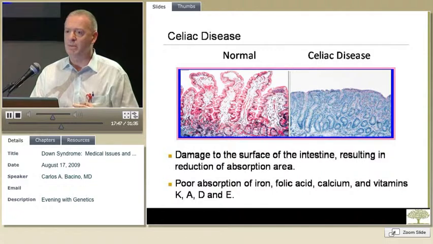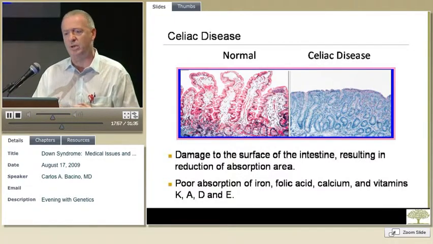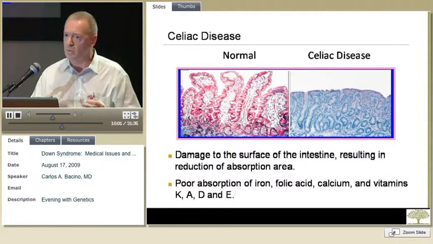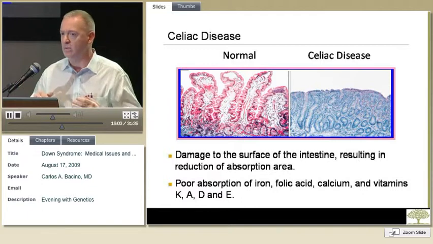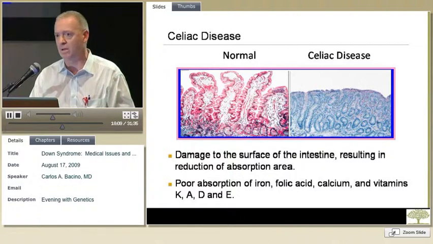Now we know over the past few years that this is a problem that we can diagnose and that we can treat. So you no longer have to be careful about some of these claims, and no longer need to assume that Down syndrome is associated with vitamin deficiency, or, as some people imply, that this is what causes the problems associated with Down syndrome.